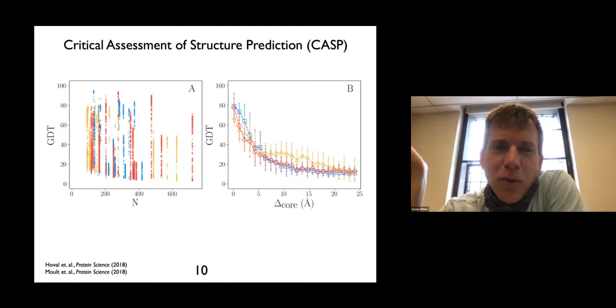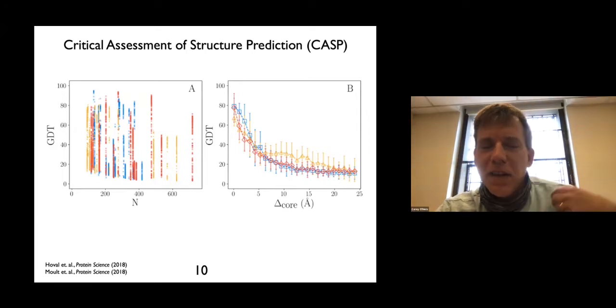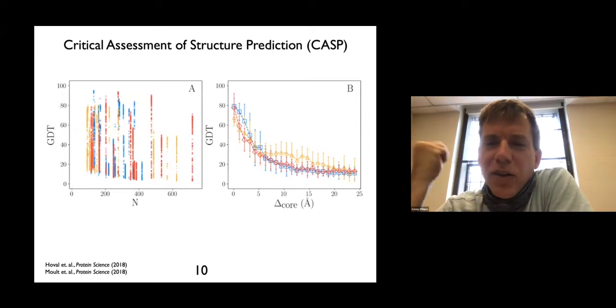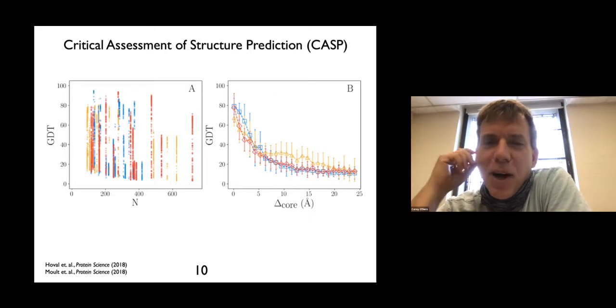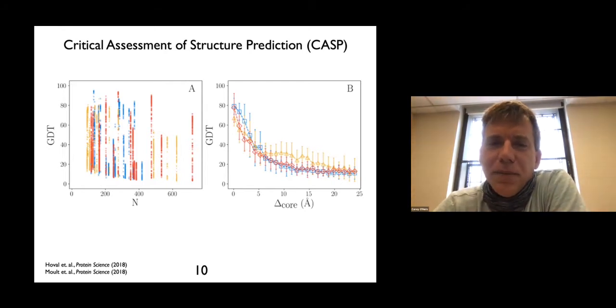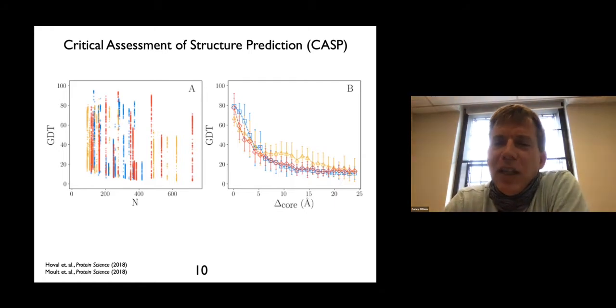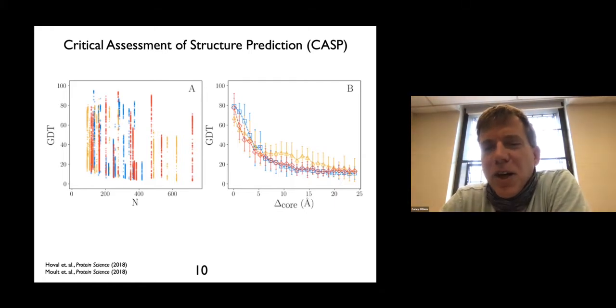But what can happen as well is, remember, I was allowed to submit five models, and some of the models that I submit are 80, but also some of the models that I submit are 20. So it's not true that all the models that I submit for even a single target all get a high score. And that's what's called protein decoy detection. I'm going to talk about more of that in the next slide. So remember protein decoy detection.